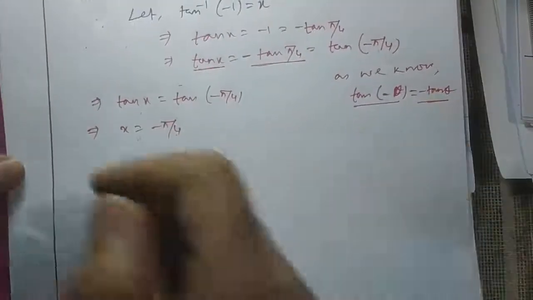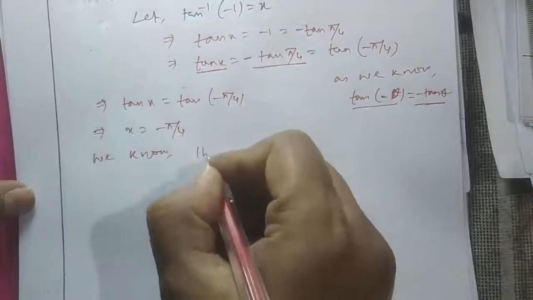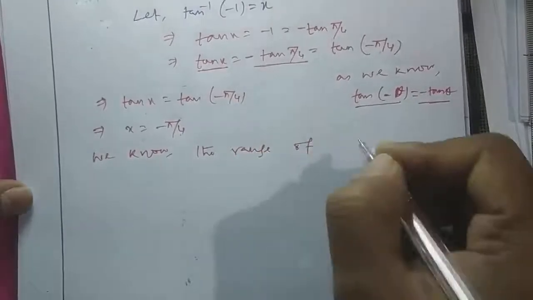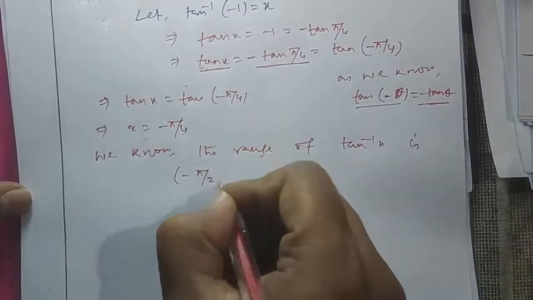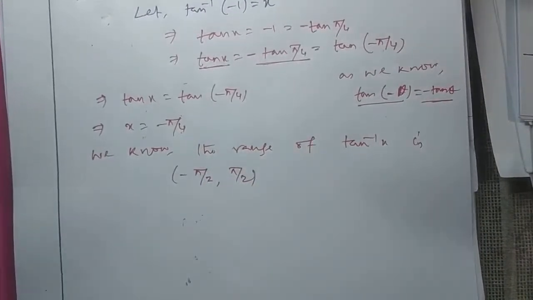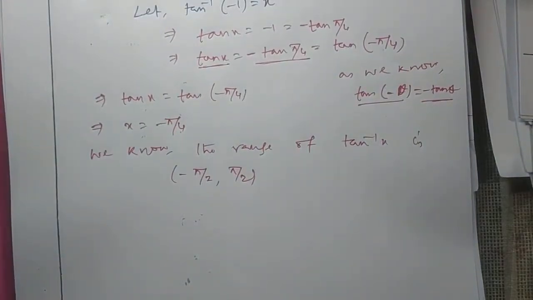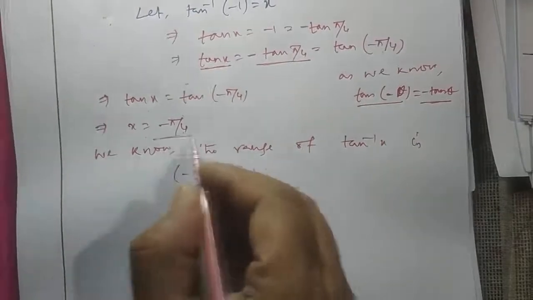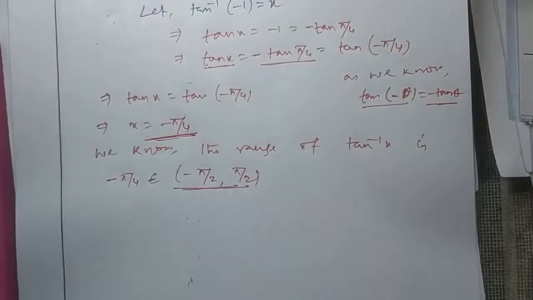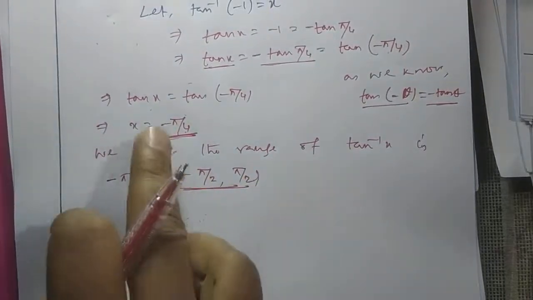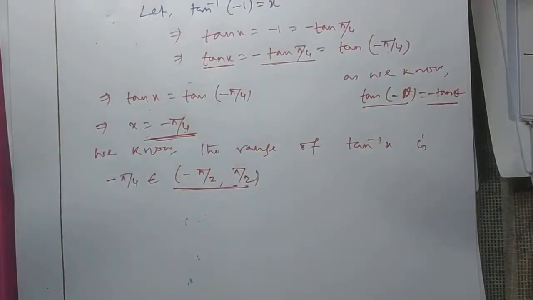Now let us recall the range of tan inverse x. We know the range of tan inverse x is (minus π/2, π/2), open. Now look at the table. Now it is clearly seen that this minus π/4 belongs to the range of tan inverse x.